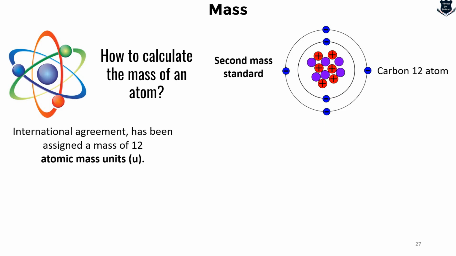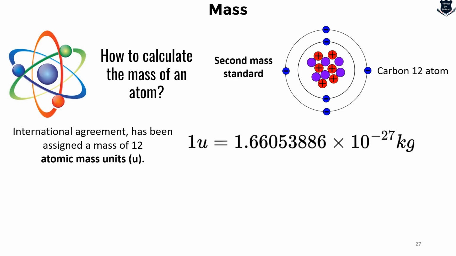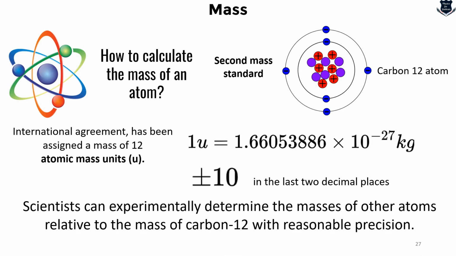the carbon-12 atom, which is agreed by international agreement and has been assigned as 12 atomic mass units, abbreviated as u, and the relation between the two units is this, with an uncertainty of plus or minus 10 in the last 2 decimal places. So scientists can, with reasonable precision, experimentally determine the masses of other atoms relative to the mass of carbon-12.